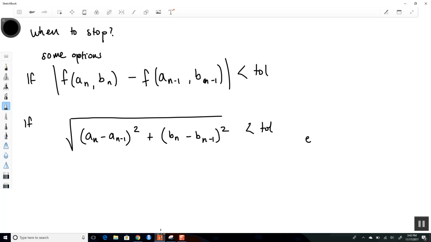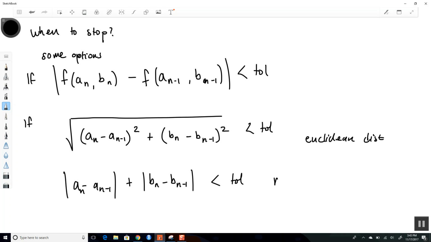Or you can also just do Manhattan distance, or this is your L1 norm versus your L2 norm.